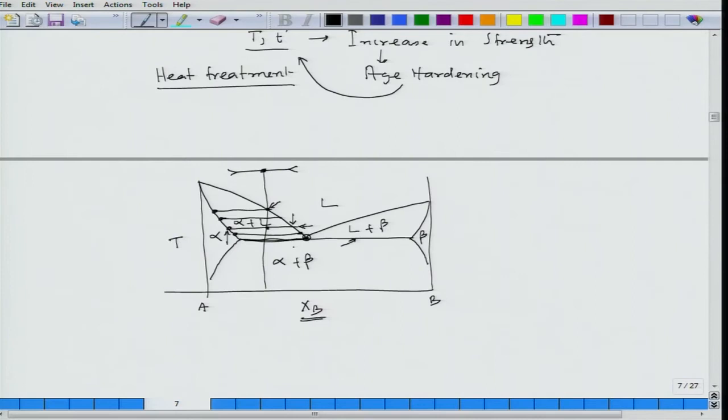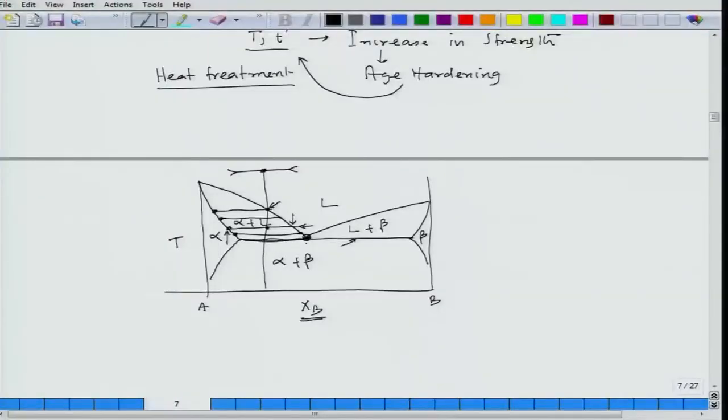Now, as we go down, I would come to this particular eutectic temperature. As we go down we are getting solid phases, so the volume of liquid is decreasing. The last liquid to be solidified will have the eutectic composition, and once we achieve this composition, it would disintegrate into beta and alpha.